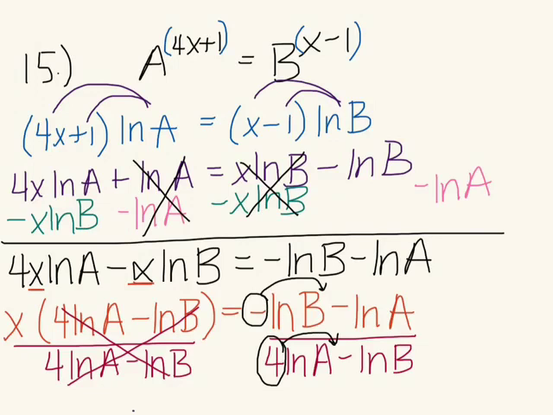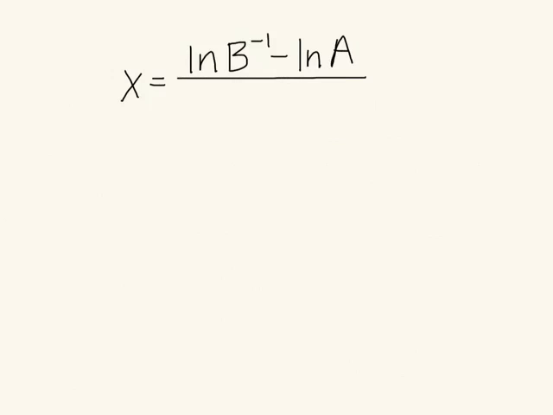I'm going to go ahead and add a page and write this out for you. Okay, so b to the negative 1 is the same thing as 1 over b.